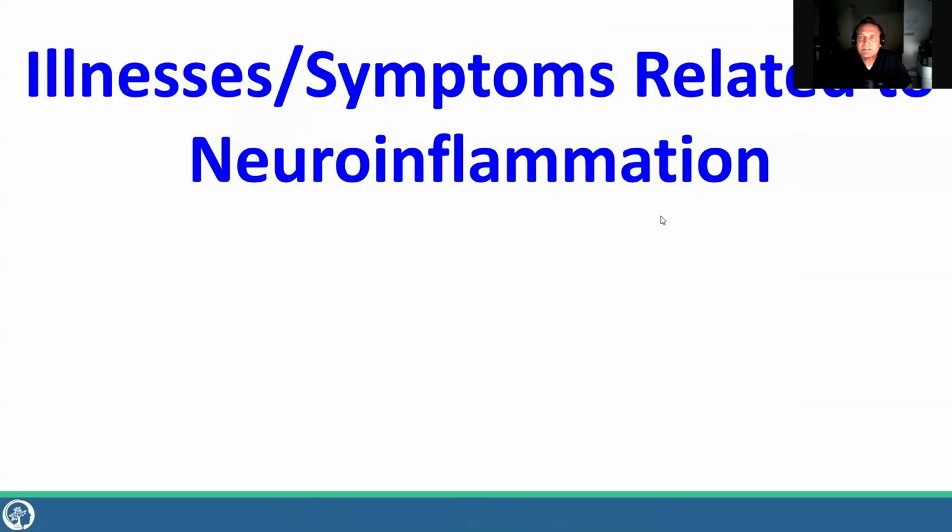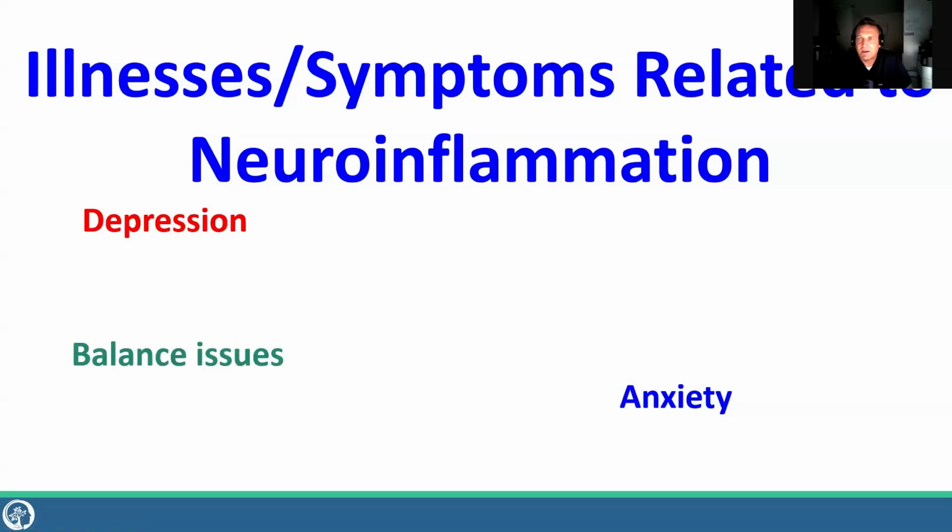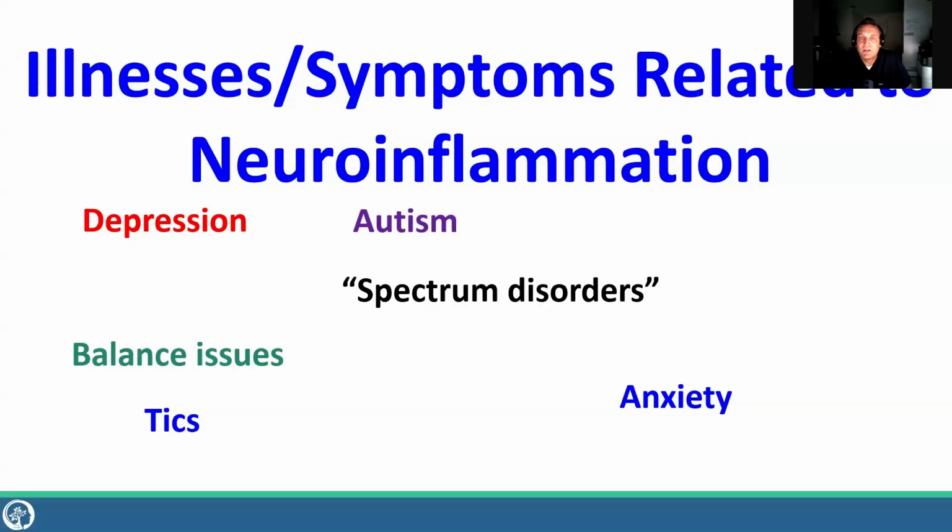So, illnesses and symptoms that are related to neuroinflammation include everything we've talked about: major depressive disorder, anxiety, people who have balance issues or tics. You've heard of Tourette syndrome, right? Tics and tremors, spectrum disorders, this whole autism spectrum disorder, it has my mind boggled.